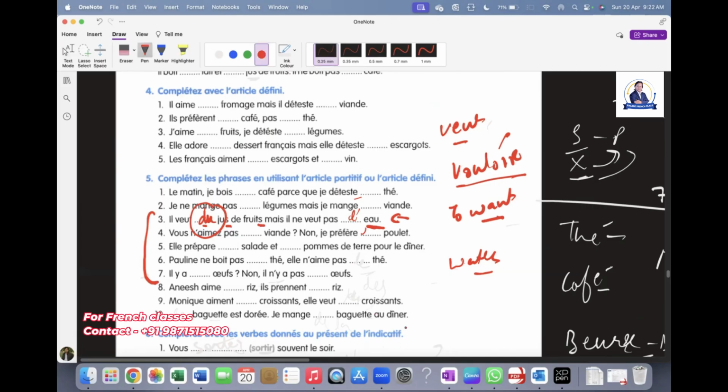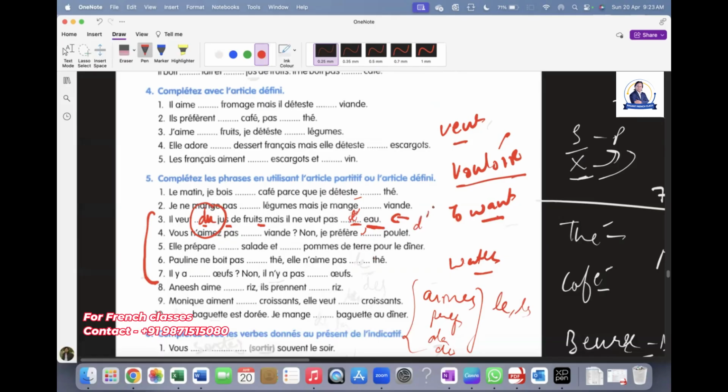But my rule says that when these four verbs come, aime, préfère, adore, déteste, then only I use definite articles: le, la, les. Otherwise it will be, sir, D apostrophe.